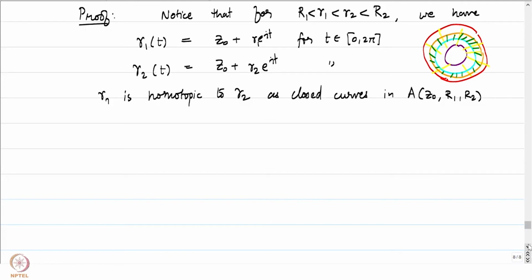And because of that, any holomorphic function defined in this particular domain will have the same integral over these two curves.